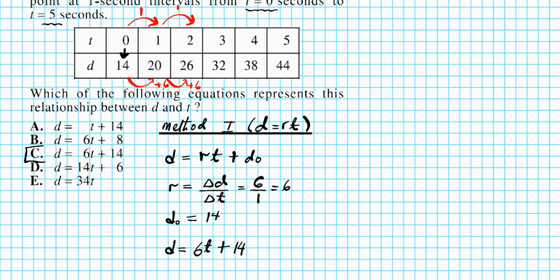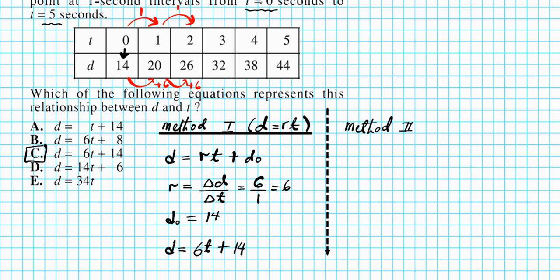All right. Now let me show you another way of doing this. Assuming you do not know about the distance equals rate times time equation, you can just use a simple method of plug and chug. Method 2. I'm going to call this the plug and chug method.